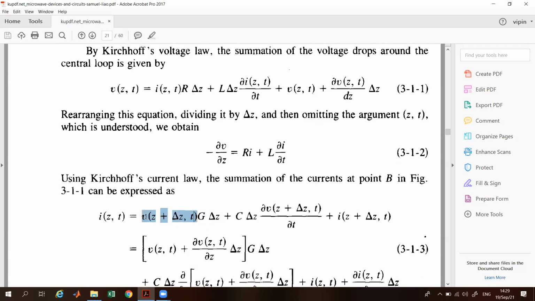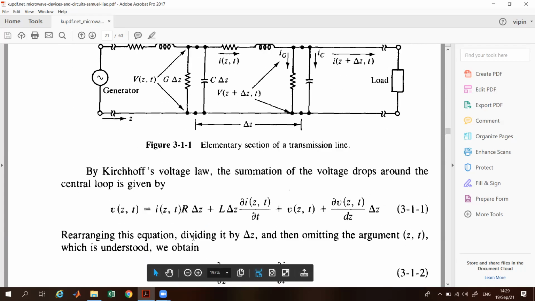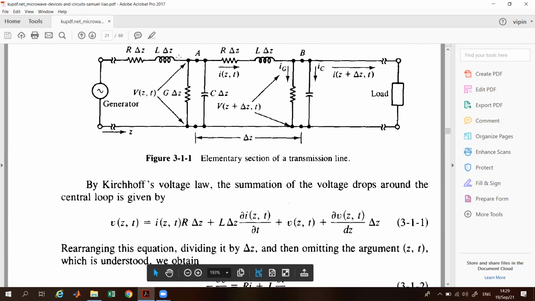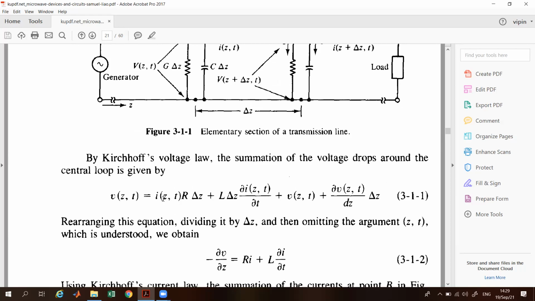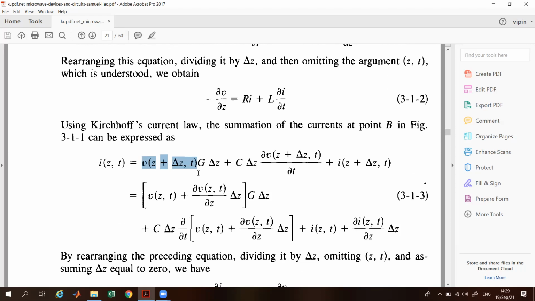The potential across a resistance is V equals IR, but in this case we are finding I, so I equals V divided by R. Since 1 upon R equals G, it will be V into G. But my G is per unit length, so it will be G into delta z.